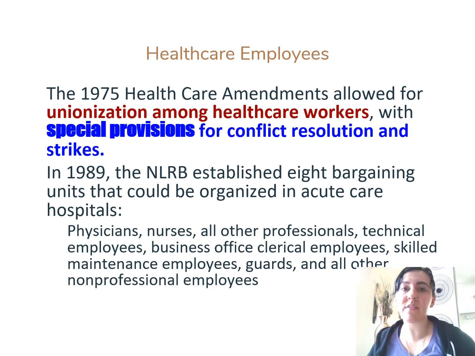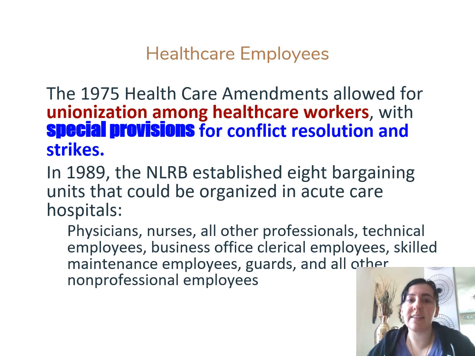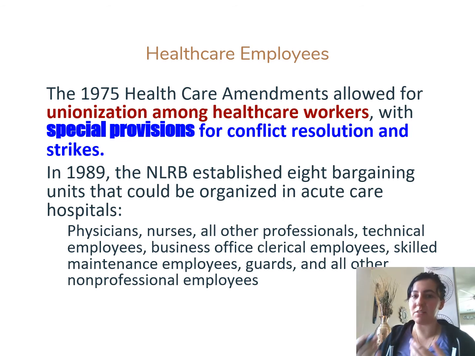So in 1975, the healthcare amendments allowed for unionization among healthcare workers with special provisions for conflict resolutions and strikes. So healthcare workers are allowed to strike. They're allowed to be in unions.